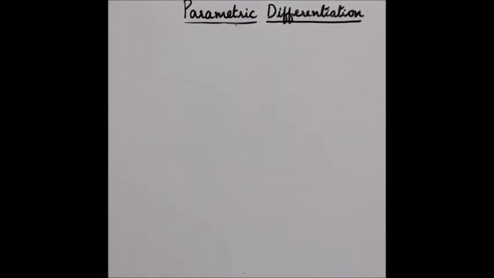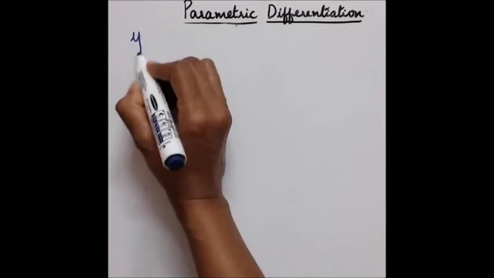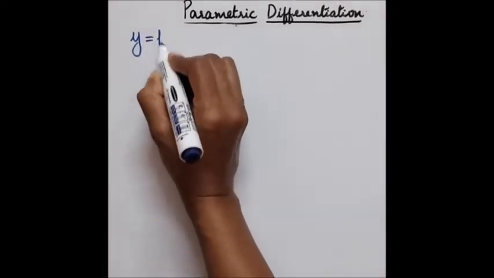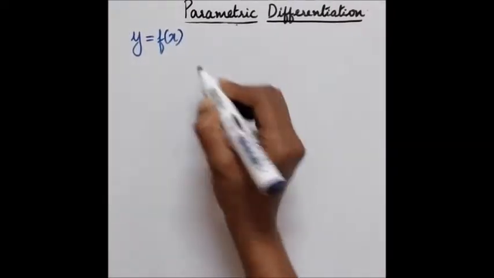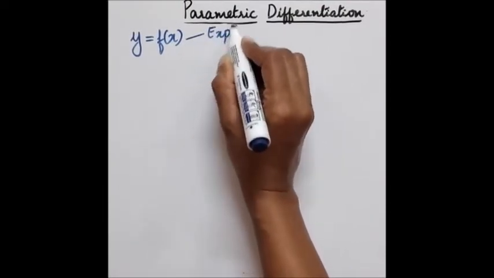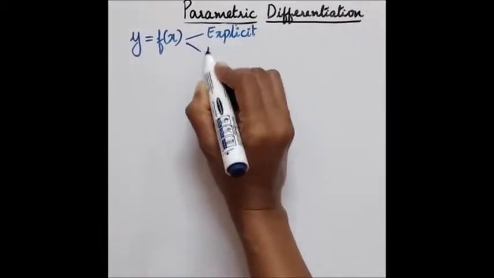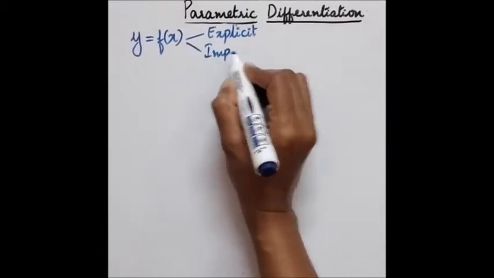Hello students. In the earlier classes of differentiation, you have seen the function in the form y is equal to f of x, which was either an explicit function or an implicit function.